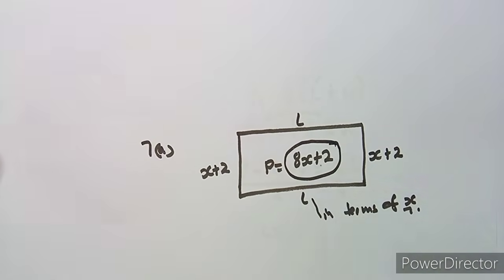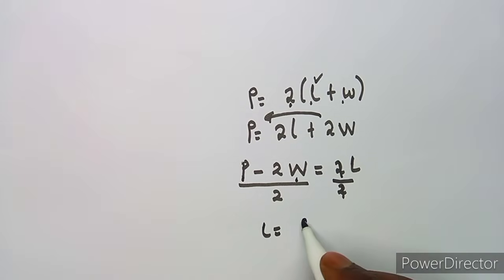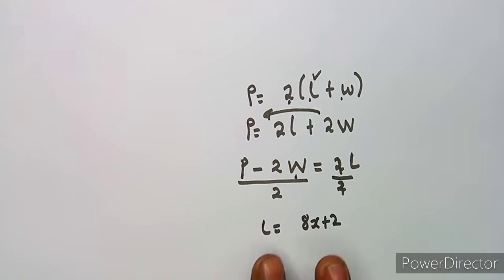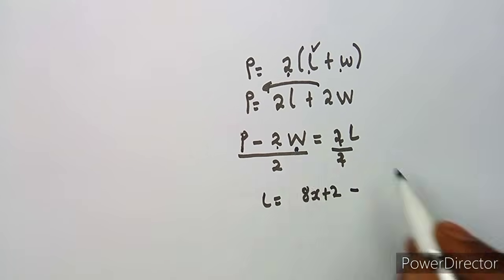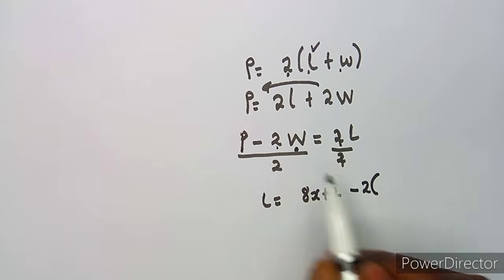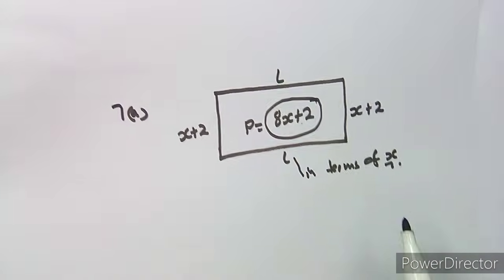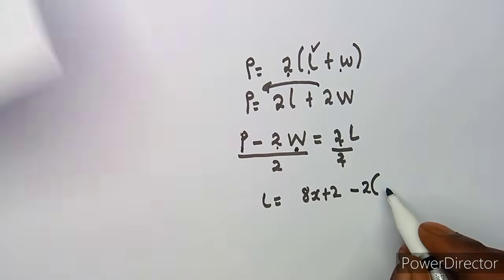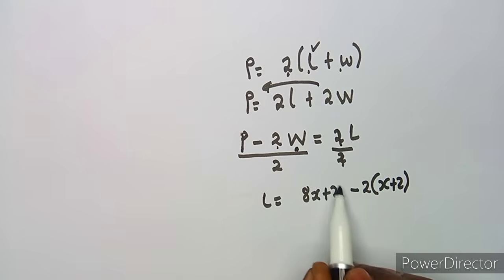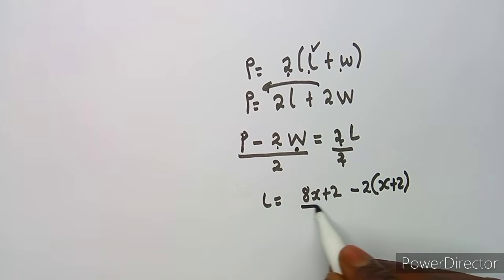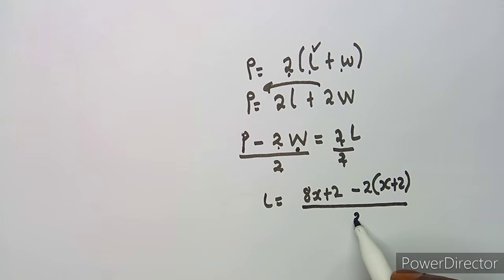This is our perimeter: 8x plus 2, that is your perimeter, minus 2 times the width. In this case, our width is x plus 2. So you put this in a bracket because you're subtracting. Everything over 2. So this is your expression for the length.